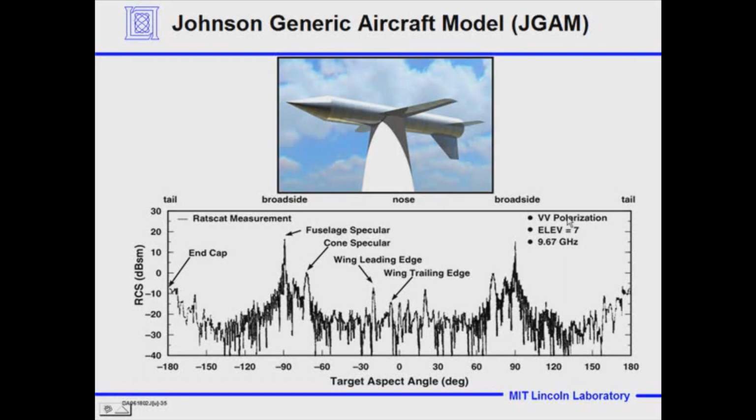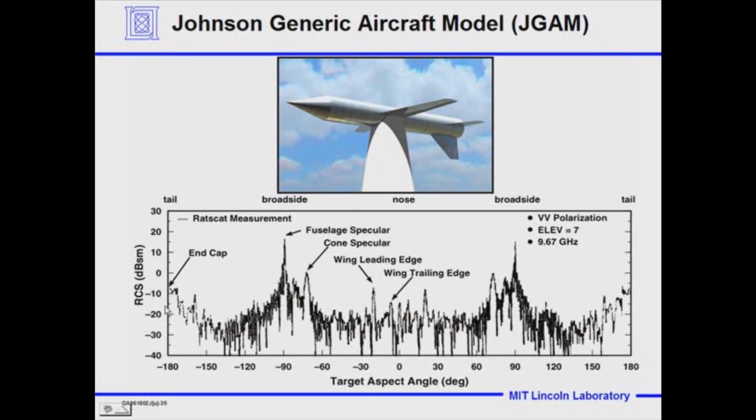This was taken with vertical polarization on transmit, vertical polarization on receive, and targets at an elevation angle of 7 degrees, and the radiation used was X-band, 9.67 gigahertz. It's approximately 3 centimeters.